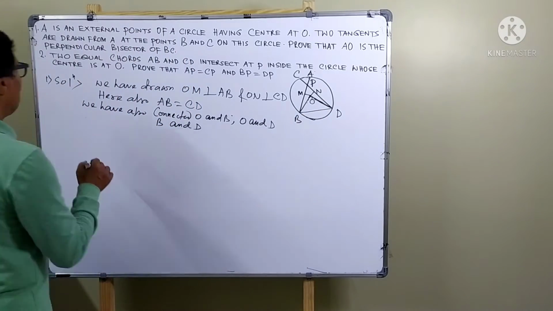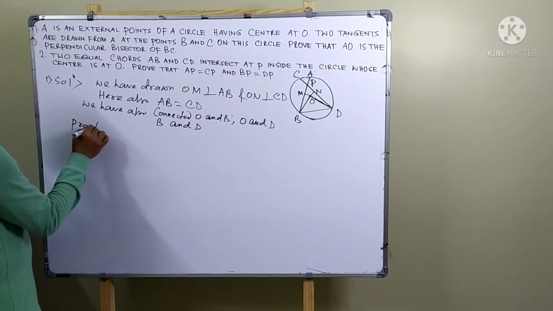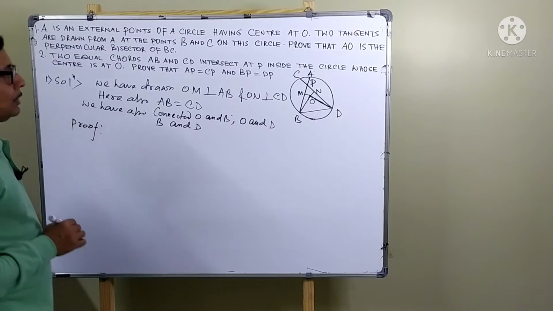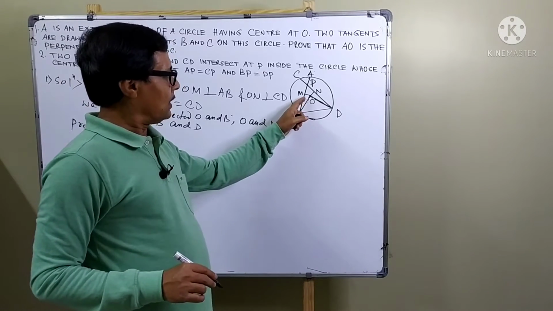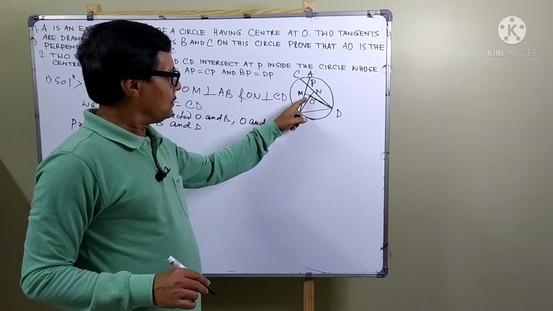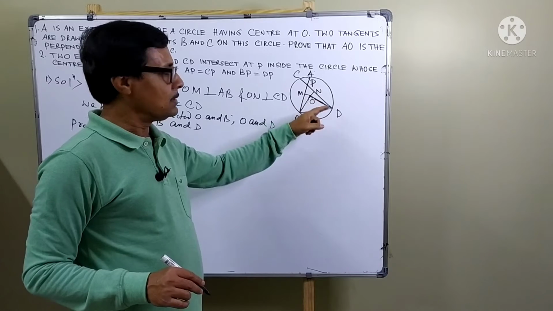Now we start the proof. Here you can see that two triangles are formed. The first triangle is OMB and the second triangle is OND.